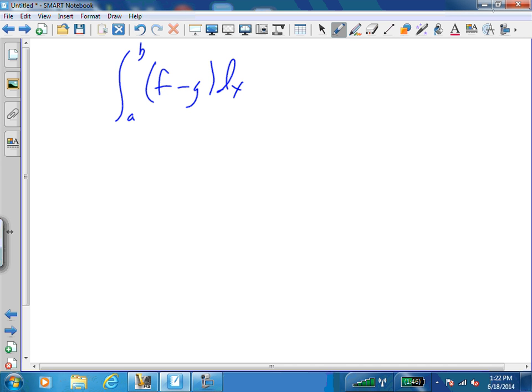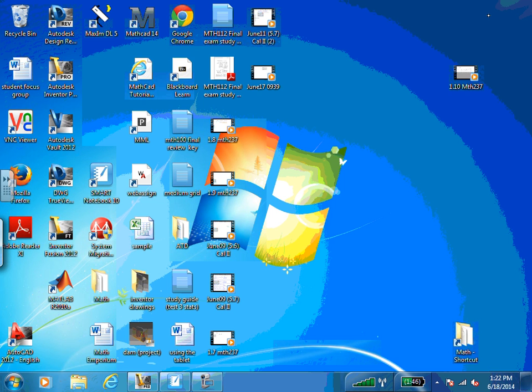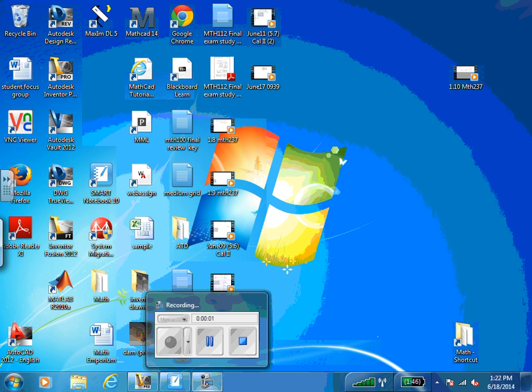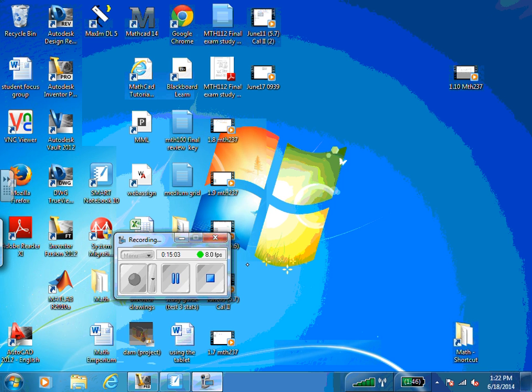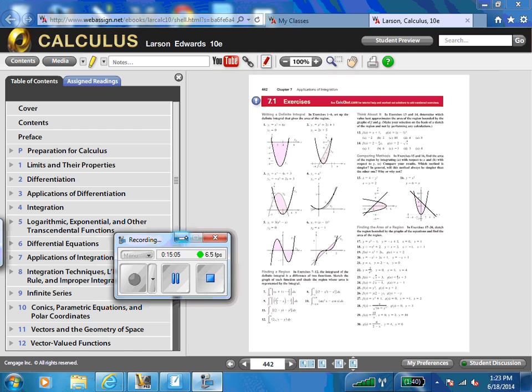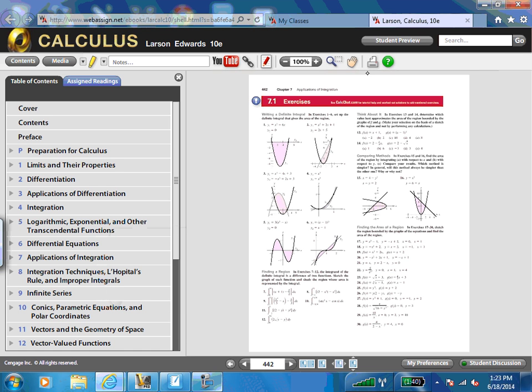Let me pull up our book so we can have these pictures. All right, let's work one of these. We'll just look at number 3.